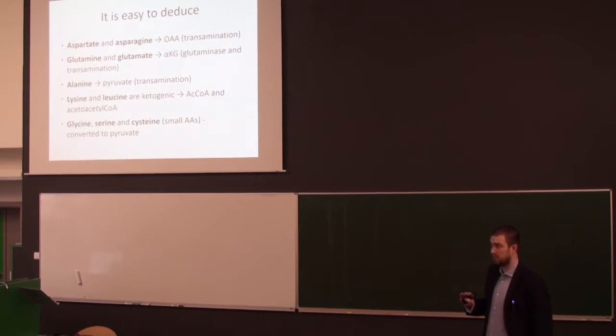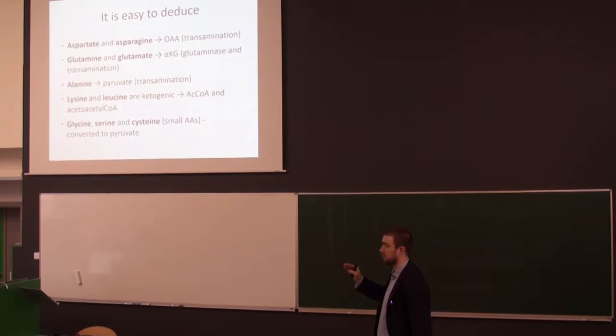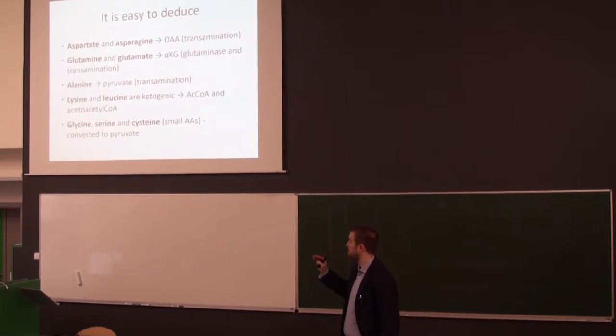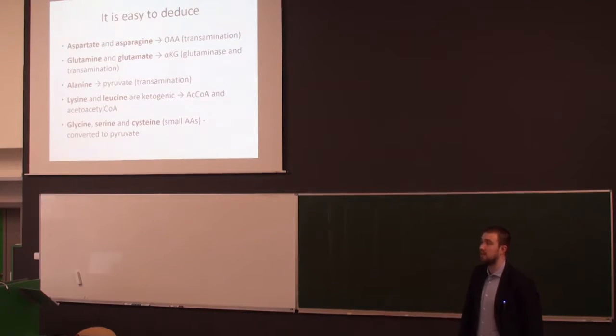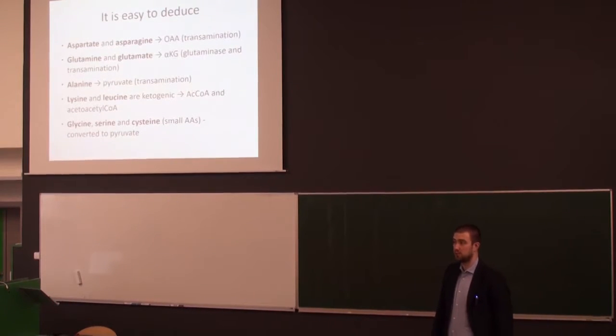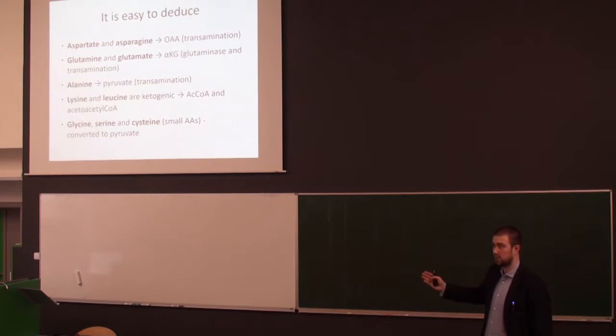They have very basic degradation. If we start with glutamine, you know that glutamine is converted to glutamate by glutaminase, and then glutamate to alpha-ketoglutarate by transamination or oxidative deamination. So this pathway you must know, and that's for us the basic knowledge.